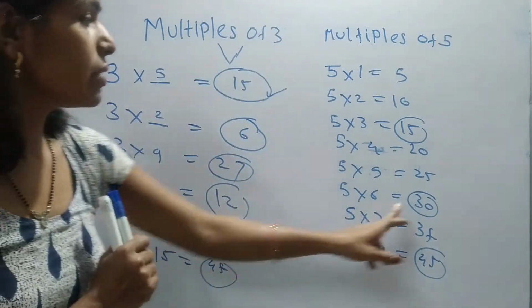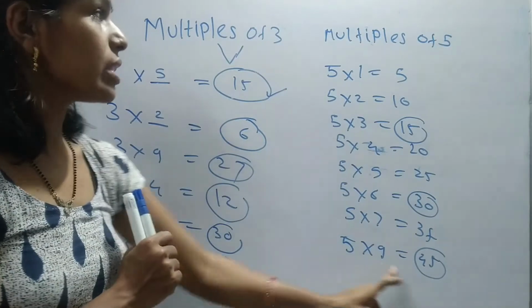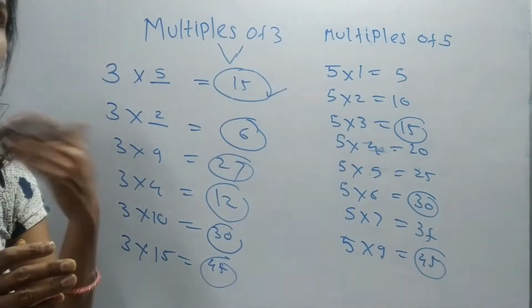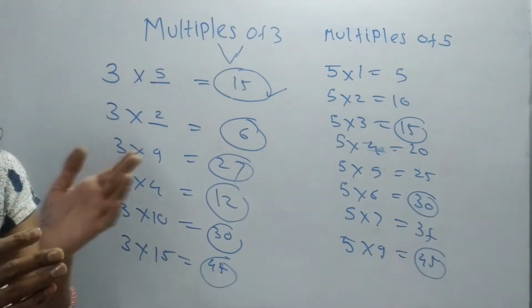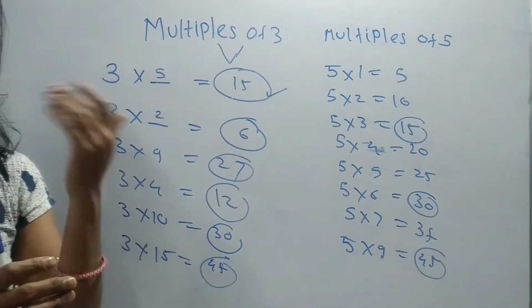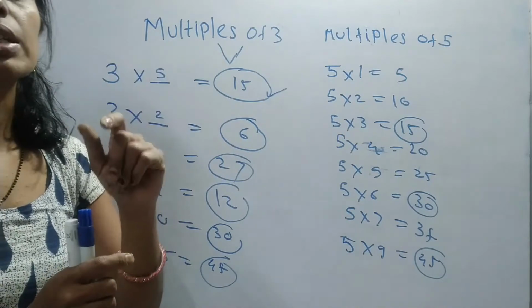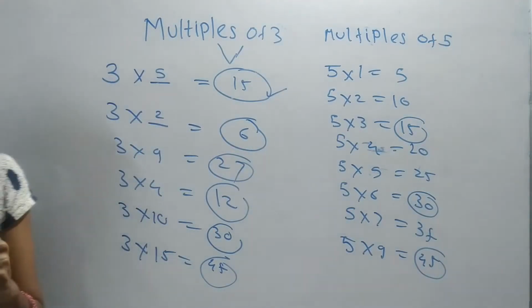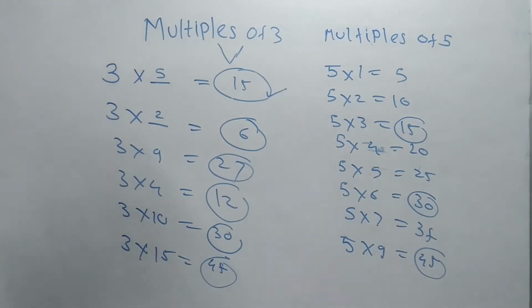This 30 is divisible by both 3 and 5. 45 is divisible by 3 and 5. If a number is divisible by two different numbers, then that number is a multiple of those two. Got it? Okay.